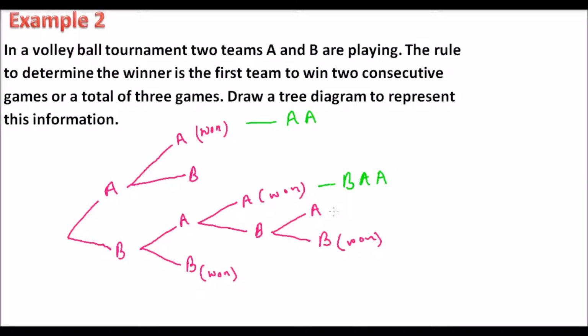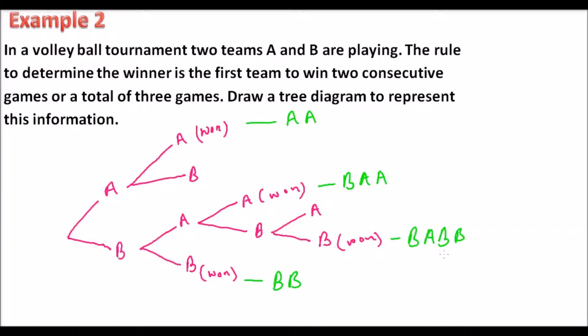In this case, we don't have a winner. A loses because B wins 3 games. B wins the first one, A wins the second one, B wins the third and the fourth. So B has won 3 games out of the 4. And in this case, B has won the first one, B has won the second one.